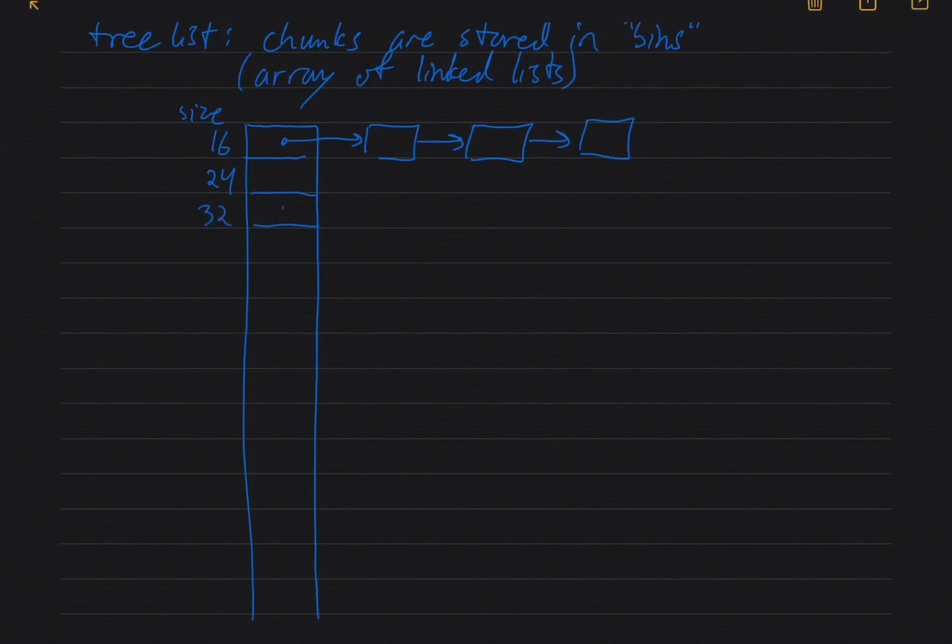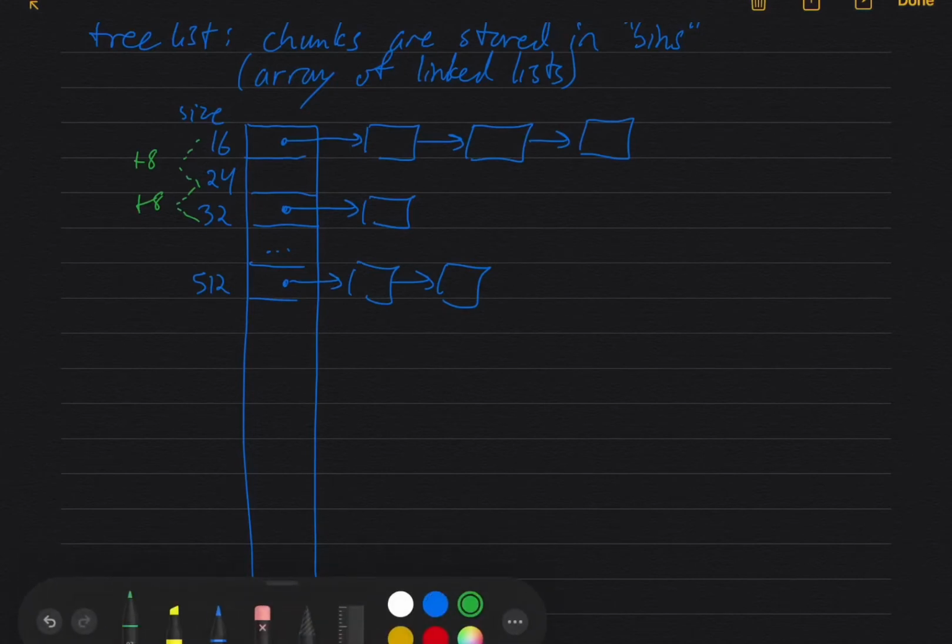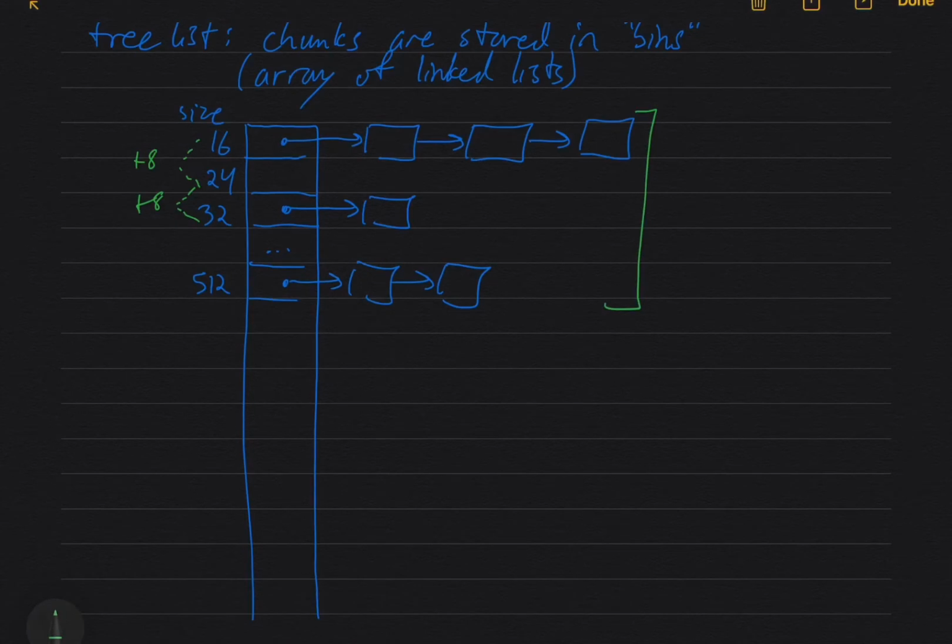So let's say that bin 32 has one chunk in it. The difference between these bins is 8 bytes. So as you go up, each bin is 8 bytes bigger. So we have bins for blocks of up to size 512. And these bins are exact sized bins.